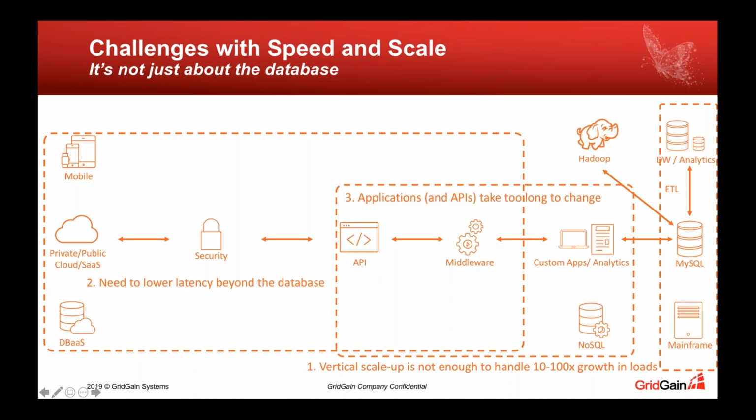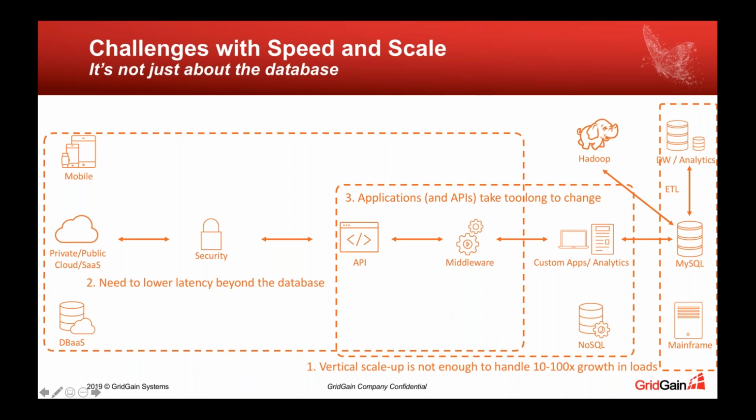Even if you fix those problems, there's an issue with flexibility too. Most of the internet startups, the new entrants into businesses, when they deliver new functionality, they do it in days. They change APIs in days.